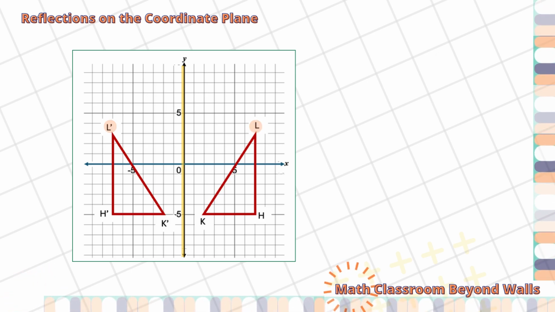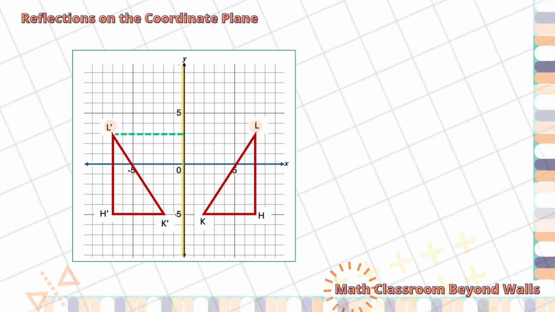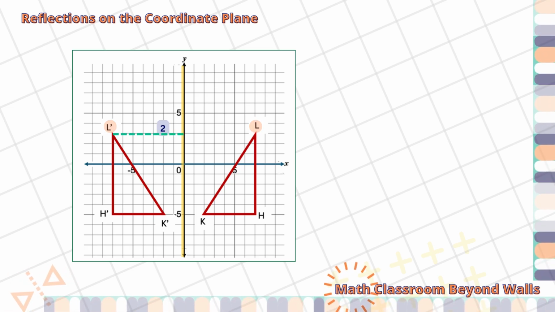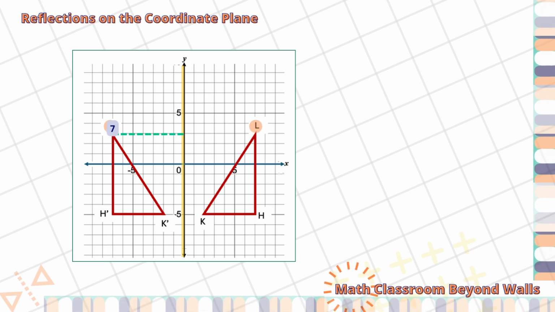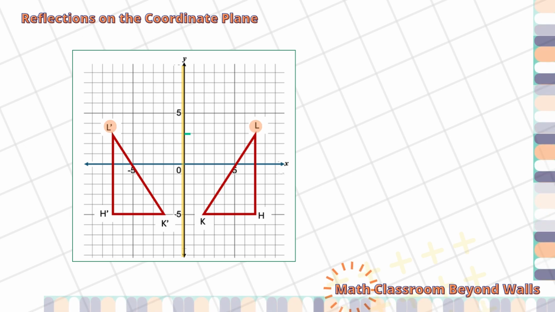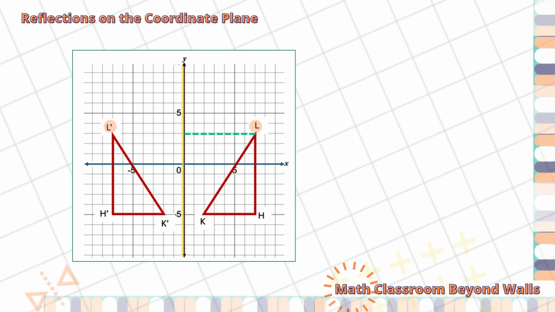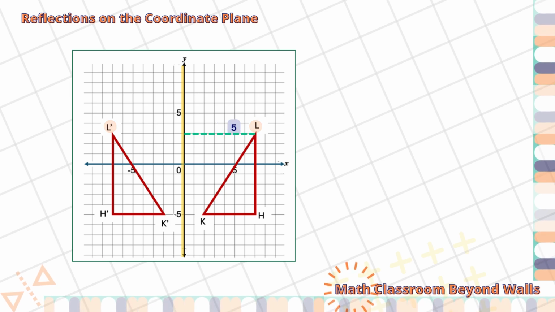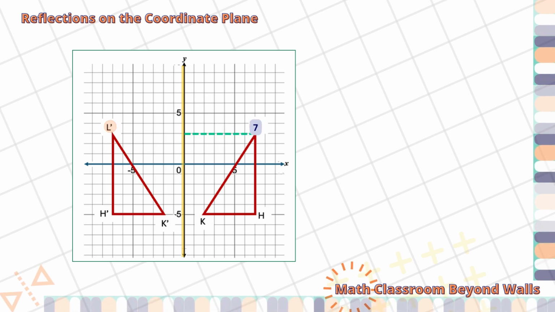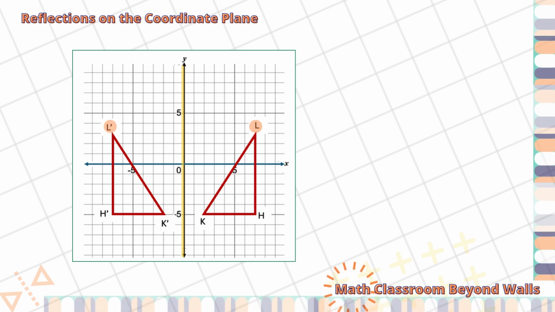From the y-axis, the line of reflection, to L prime, we count 1, 2, 3, 4, 5, 6, 7. Again, from the y-axis to L, we count 1, 2, 3, 4, 5, 6, 7. The distance from the line of reflection to each point is 7 units.